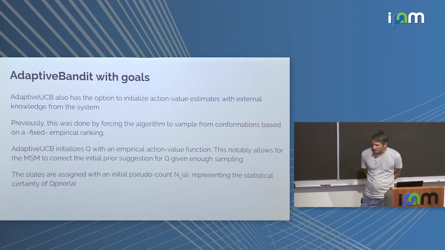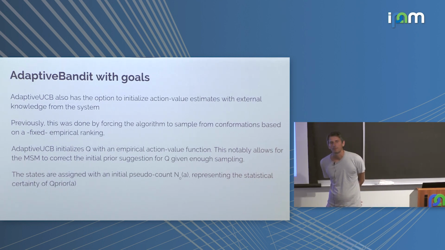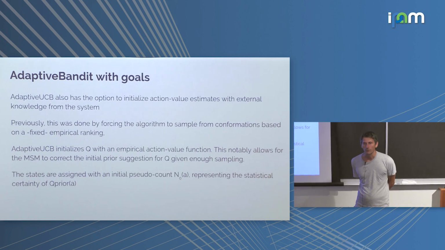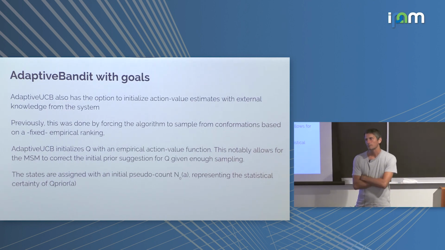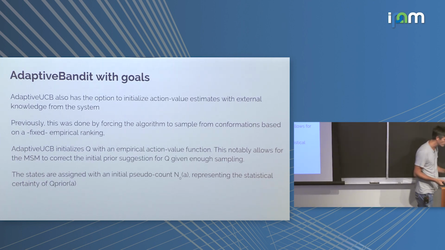Another thing that was common in adaptive sampling was, let's say that I have some experimental information of my system, and I want to use that. For instance, I might have contacts for a protein folding case. I want to sample, but I want to use the information that these two residues should be close.